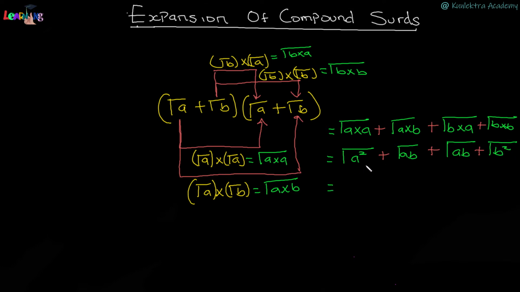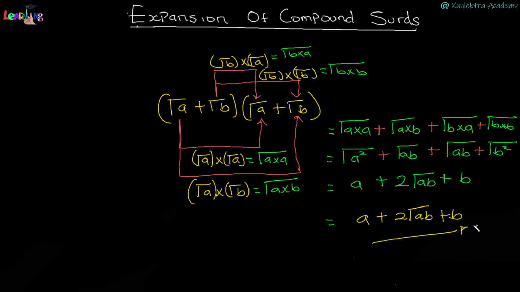Now, square root of A squared is what? Is A. Now, root AB plus root AB will give us 2 root AB. Plus square root of B squared is what? B. Now you have our final answer to be A plus 2 root AB plus B.